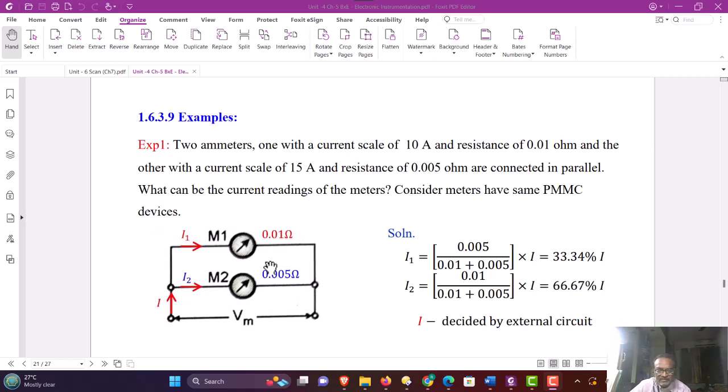Then it will give you the current which is shared by that particular meter.